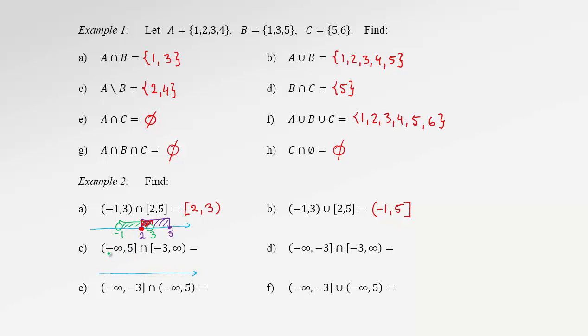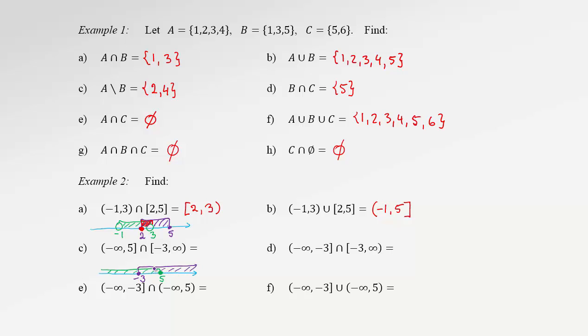Again, I'm going to mark the first interval from -infinity until 5, including 5, in green. Those are the points here. And the purple interval from -3, which is below 5, and again, -3 is included in the purple set.